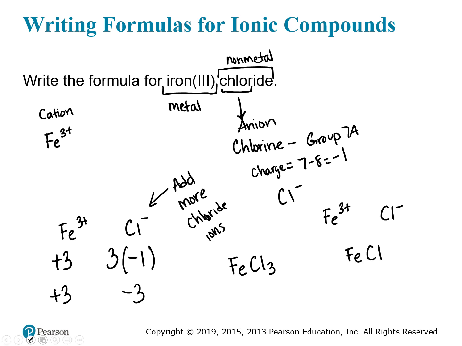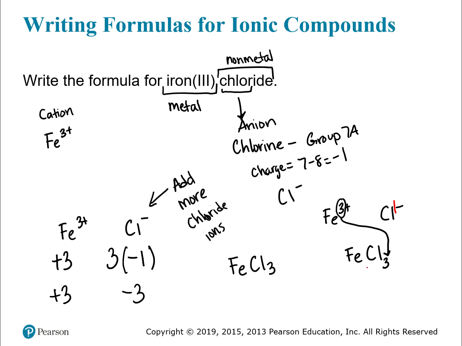So the cross method, you take the number for the charge of the cation and write it as the subscript for the anion. Now with chlorine, there is an implied 1 here, but we don't write the 1.